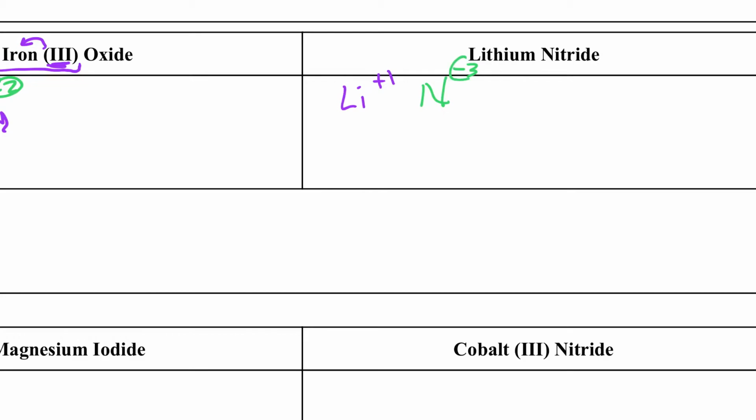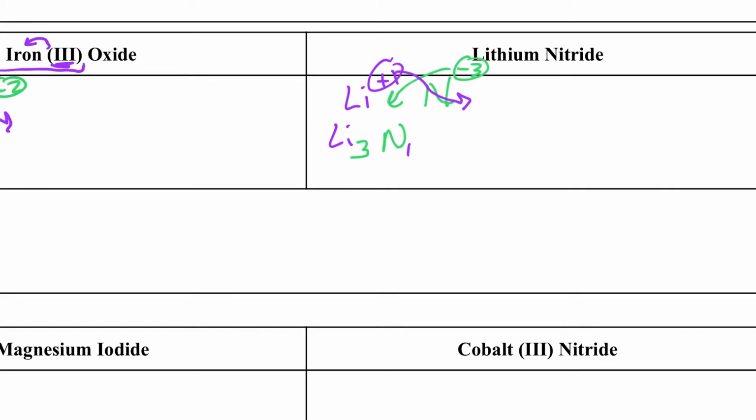So we need to crisscross again. And when we do that, we get Li3 and N1, but we don't write the 1 in our final formula. So I get Li3N as my final answer.